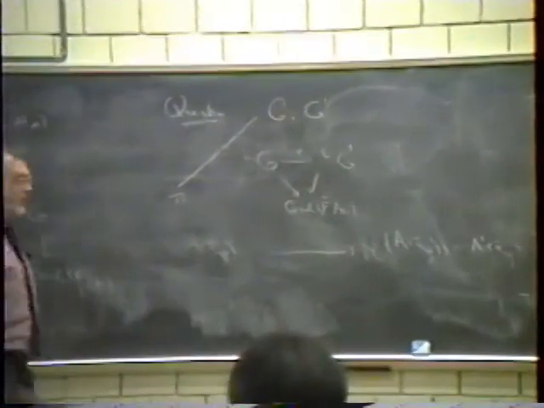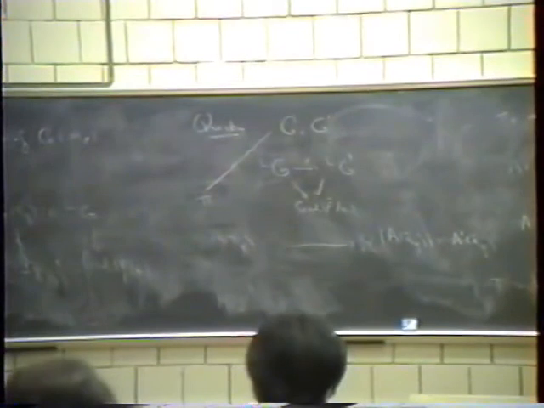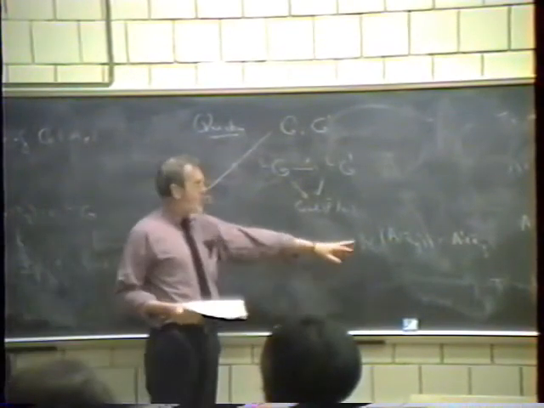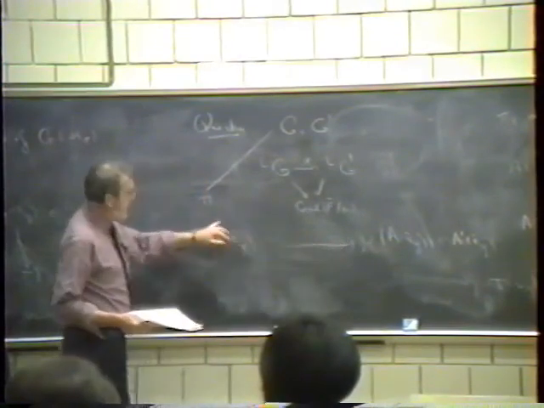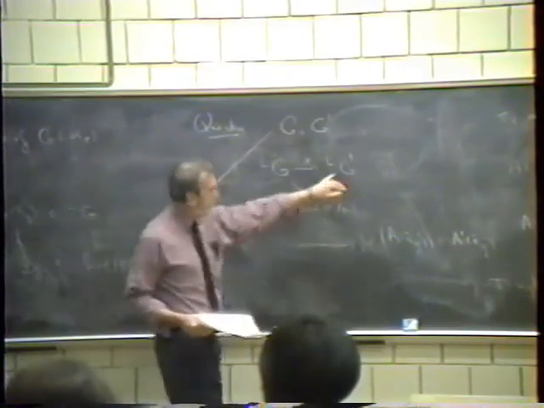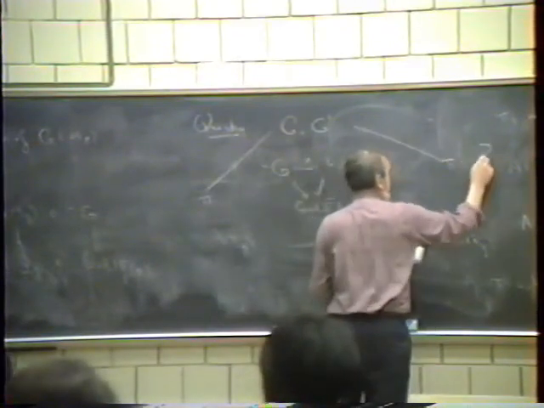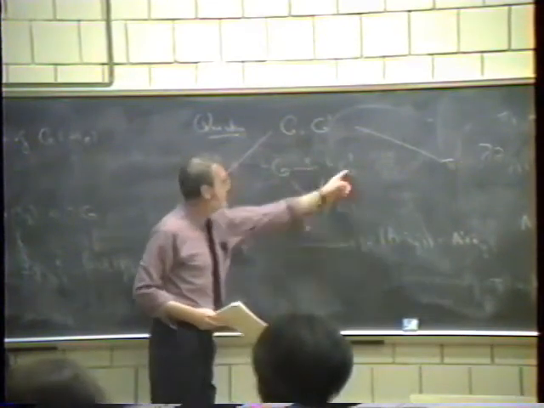Now, this is a funny thing to do. If you look at what it means, it's a very funny thing to do. And I can ask, is there a pi prime on this side, associated to G prime, from which these conjugacy classes in this group come?